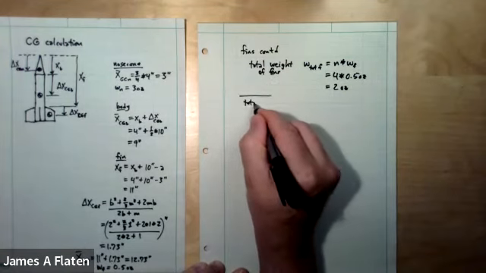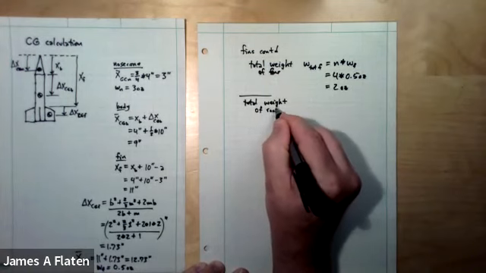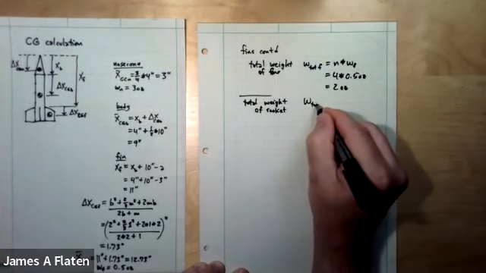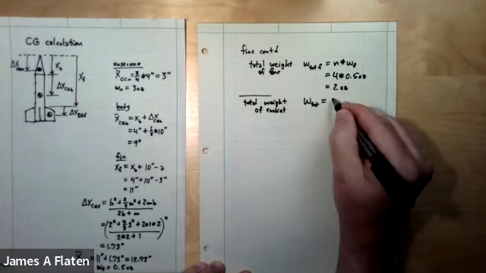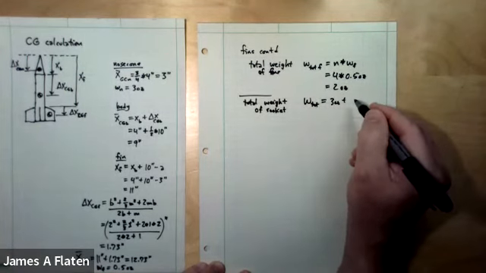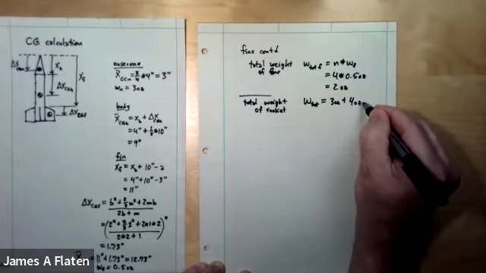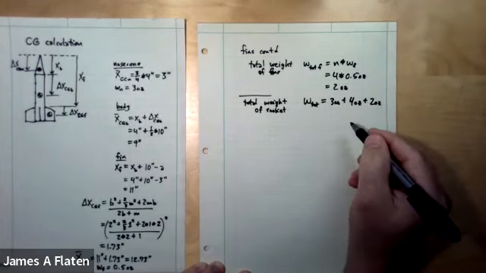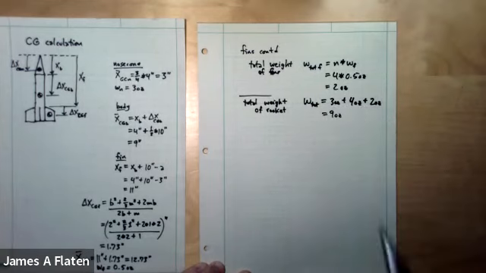And now the total weight of the rocket. Very simple rocket. Most rockets would have more parts than this. Well, this would be the weight of the nose cone, 3 ounces, plus the weight of the body, 4 ounces, plus the weight of the fins, all of them, 2 ounces. So I put that together, 3 and 4 is 7, plus 2 is 9 ounces. That's an important number.